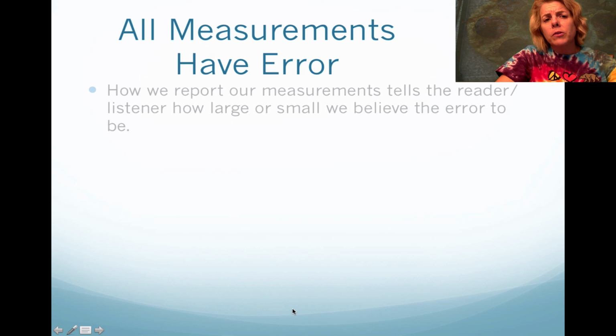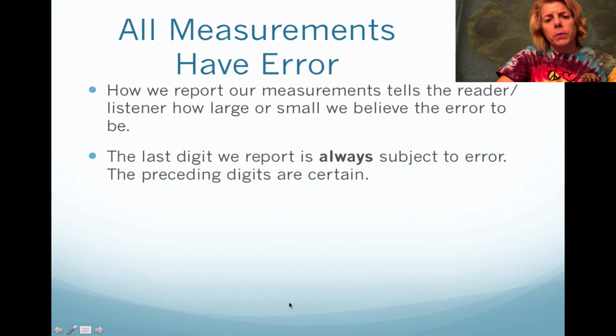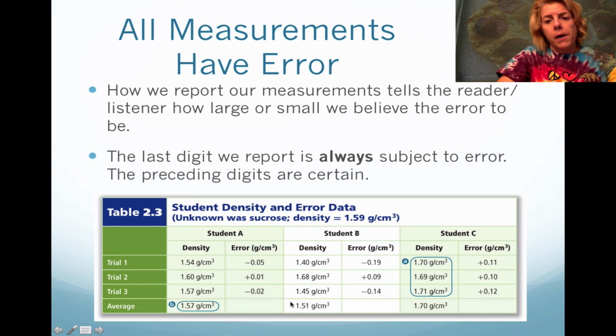Okay, so all measurements have errors, but it's important for us to tell the audience how big our error is. And please remember that the last digit in your figure is always going to be subject to error. Here we have an example of student A versus student C, and we're essentially looking at the average compared to the accepted value.